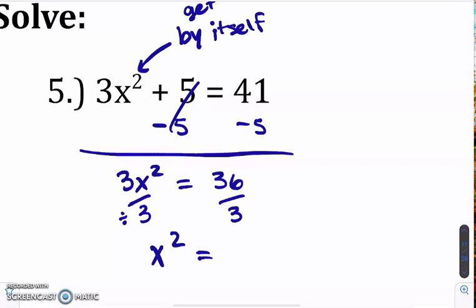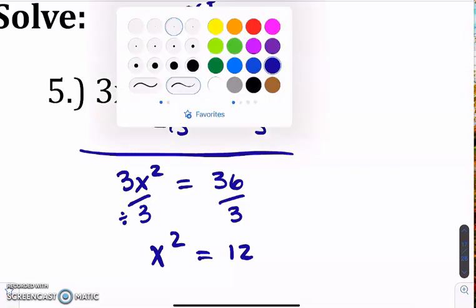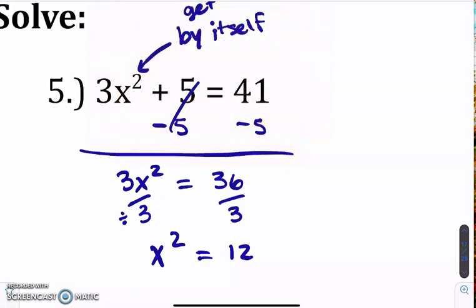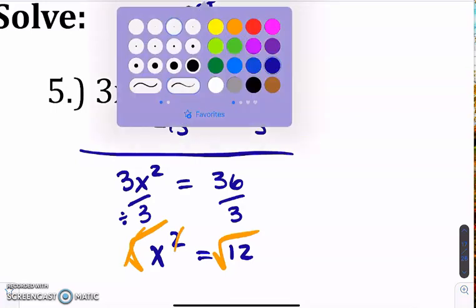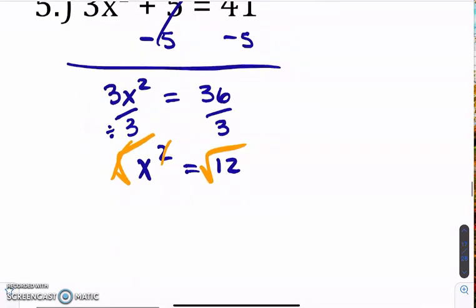We get x squared equals 12. So at this point, sometimes it's a variable, sometimes it's an expression, but you have the thing squared to be the only thing on the left side. So just like you undo addition with subtraction, you undo a square power with a square root. That is what undoes that power and leaves you with just x, which is what we're trying to get.